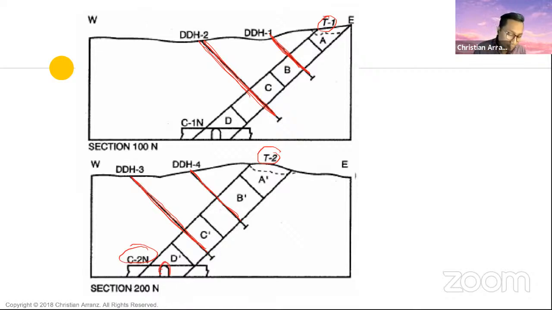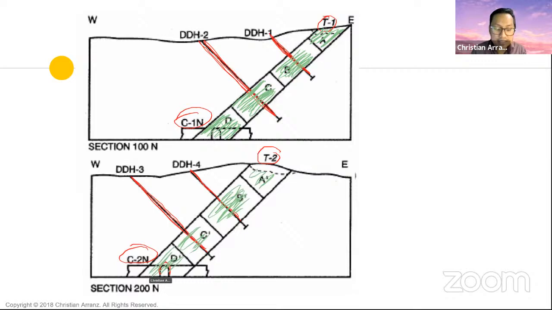So the sections here respectively are A, you have B, which is represented by the grade of DDH1, C, represented by the grade of DDH2, C1N, nakalimutan ko pala si C1N, ay, D, si D na represented by the grade of C1N, and then you also have A prime, B prime, C prime, and D prime.